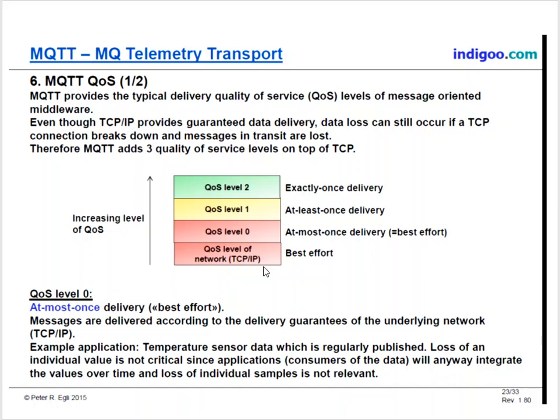But if we choose the lowest quality level, then it is not guaranteed that all the messages will reach their destination. But then the overhead in the system is really low, so the efficiency is really good, if we can accept that some messages disappear during the transfer.